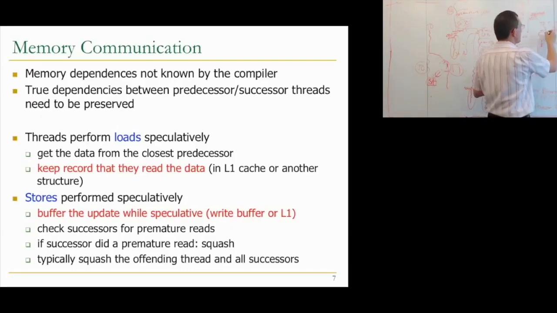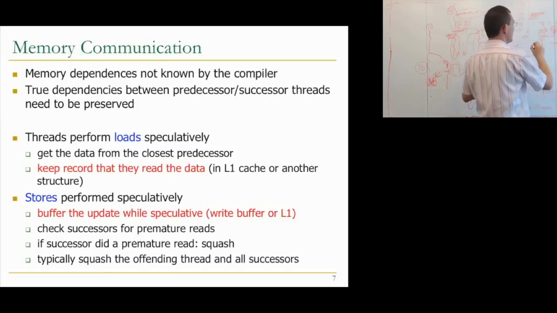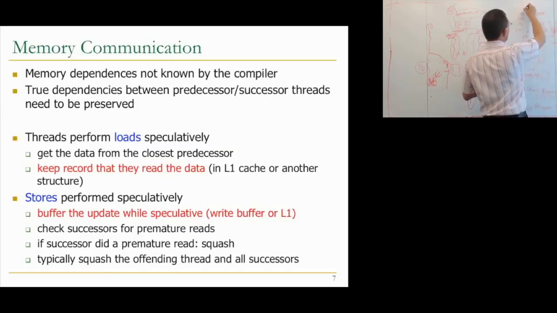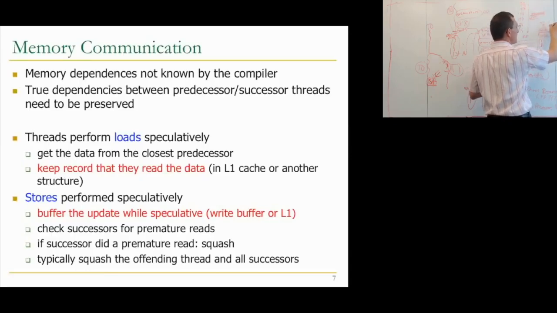If a successor did a premature read, well, in this case it did, right? This load A happened before the store A, whereas it shouldn't have happened in that order. It's because these are logically sequential threads. Just because we've executed them unsafely in parallel, this load happened before the store. So we need to detect that dependence when the store actually executes, and that's when the dependence is detected.